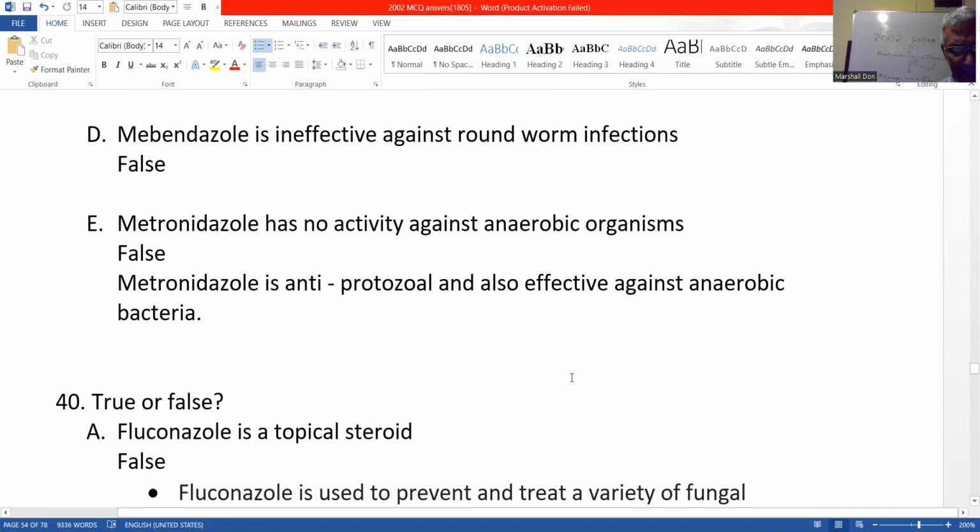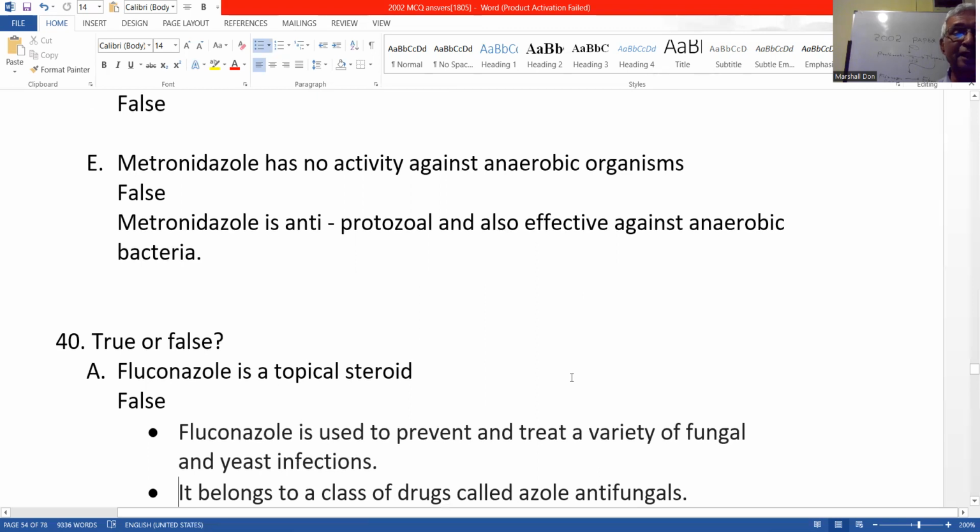The mebendazole is ineffective against roundworm infection. That is false. Mebendazole is a broad spectrum anti-helminth drug. So it works for almost all worms in the intestinal tract. Metronidazole has no activity against anaerobic organisms.